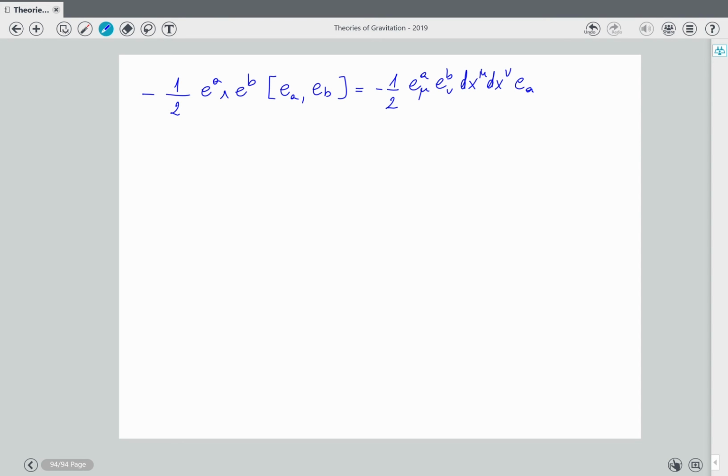Anti-symmetrization in A and B is already there, so you have Ea rho, partial rho, Eb sigma, partial sigma, where the commutator means you differentiate the second one, and you have two contributions, which means that you lose the 1/2, because anti-symmetrization in A and B is already included in the first factor. Good, now it's easier to compute.